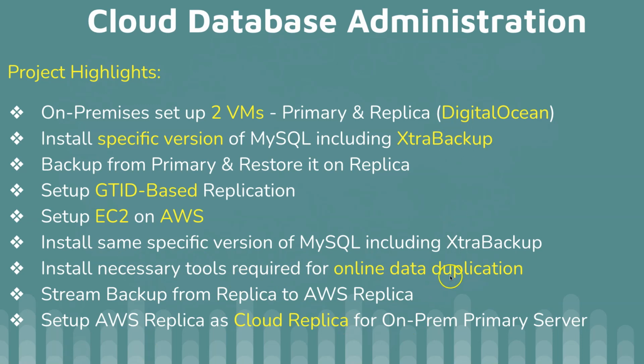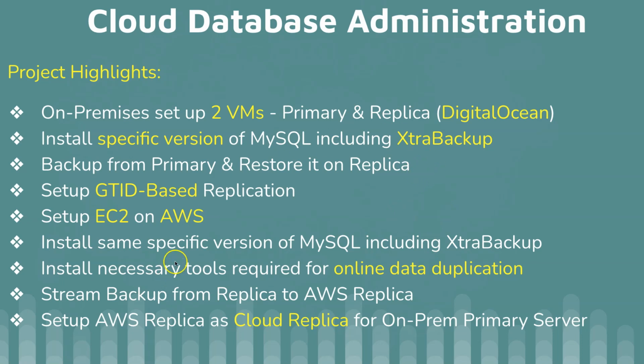because we will be copying data from on-prem, or in other words from DigitalOcean, all the way to AWS, and we do not want to copy and then paste. I will show you a way to use XBStream to directly stream the backup online, as it is being taken right now.